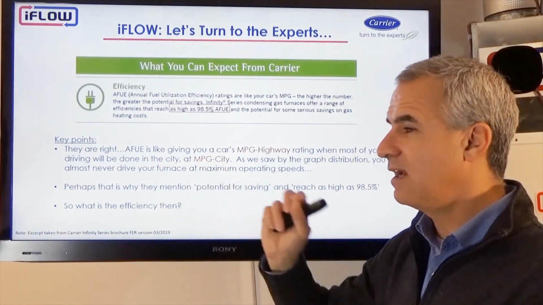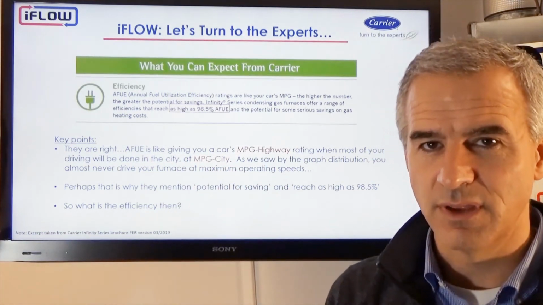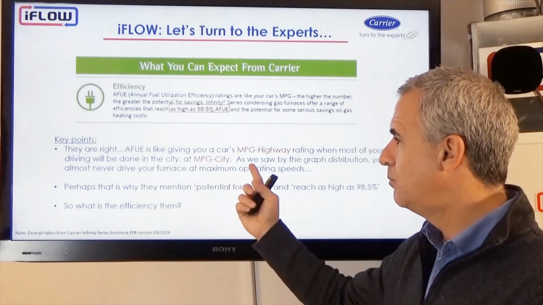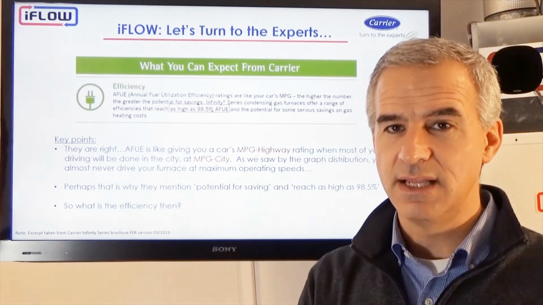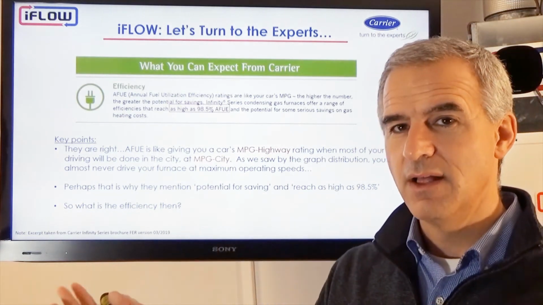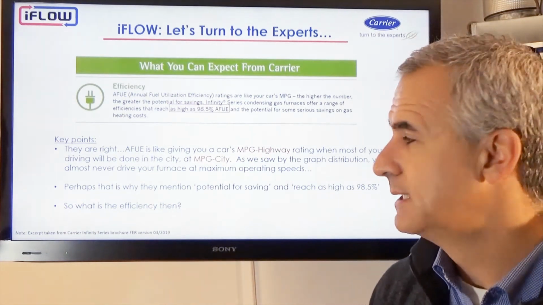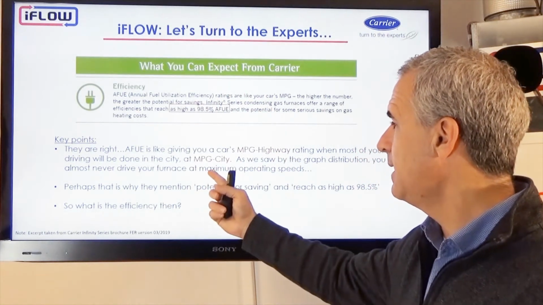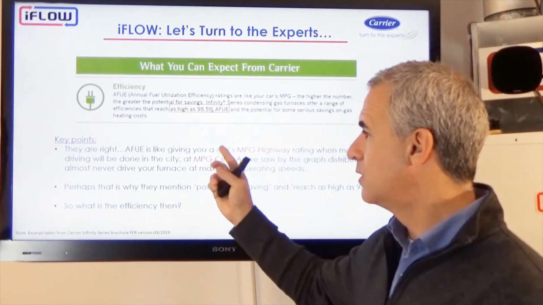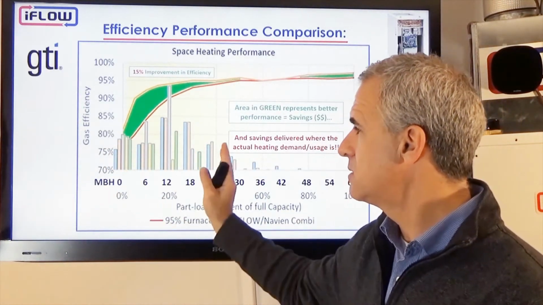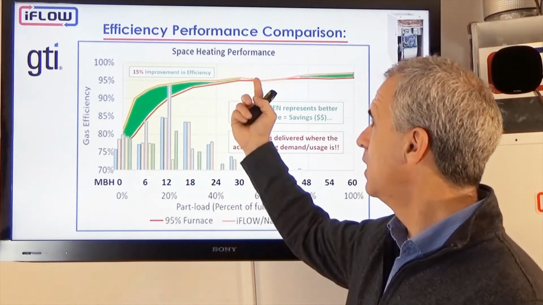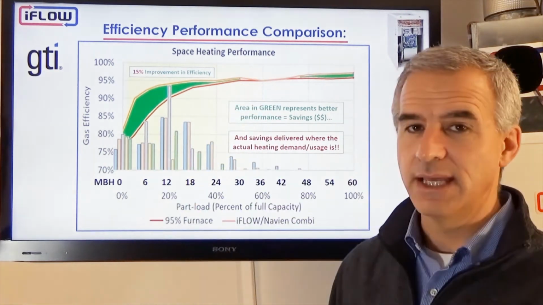Unfortunately, the majority of our driving with our furnace will be done at MPG city. And we know that the MPG city versus the MPG highway numbers are very, very different. In the same way, the AFUE, when we're driving our furnace at these distributions, will be a lot lower than our MPG highway.